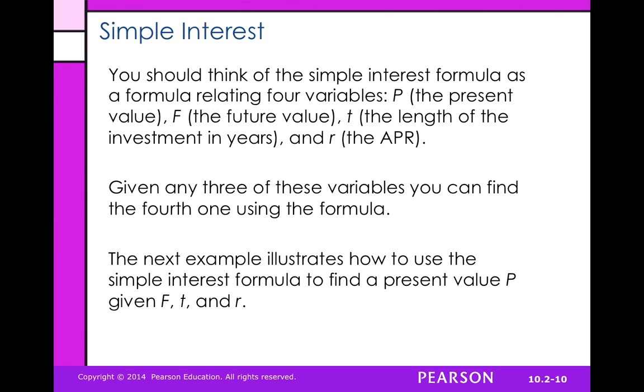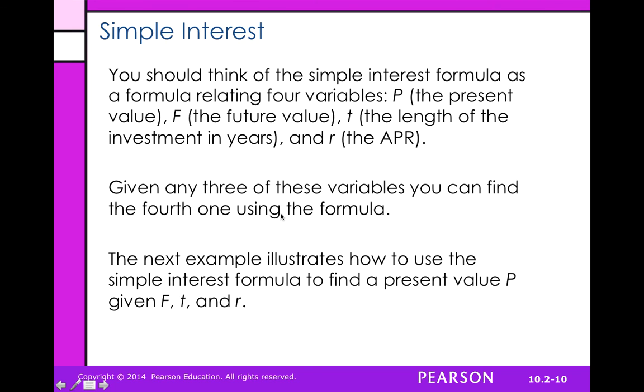So if the problem gives you a time amount in months, you must convert the months to years. So if the problem says, in 6 months, how much is this worth? You cannot use the number 6. You must use the number 1/2, because 6 months, in terms of years, is half a year. And also little r, which is the APR in decimal, not as a percentage.